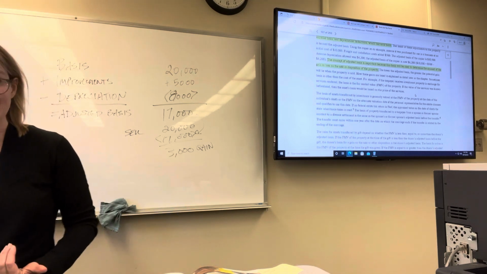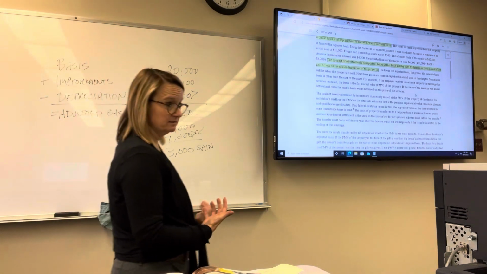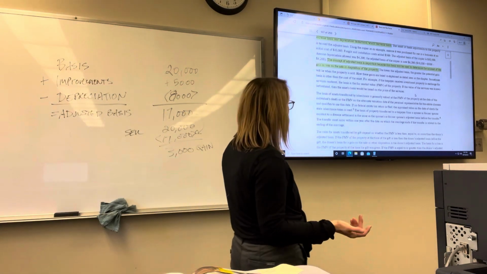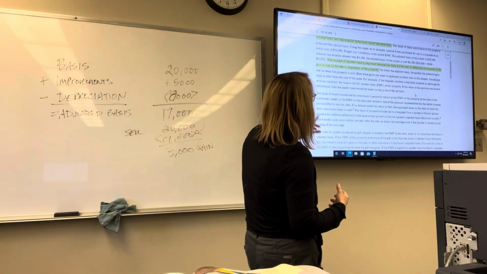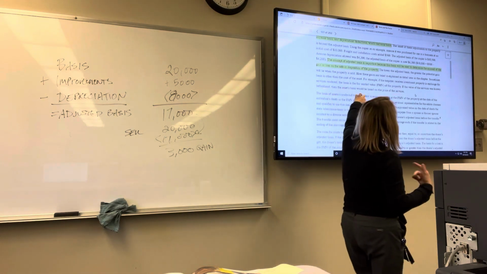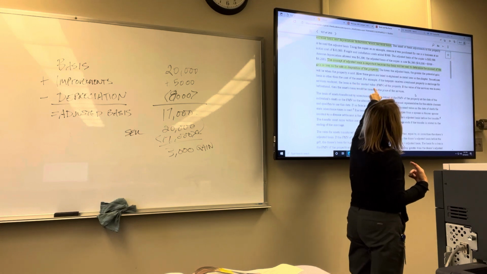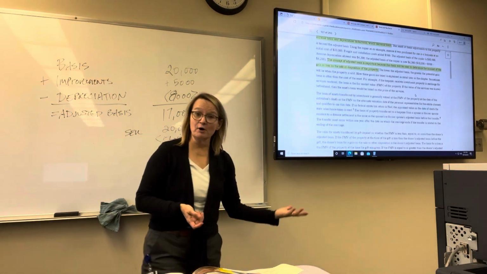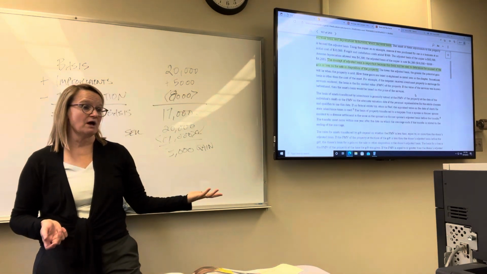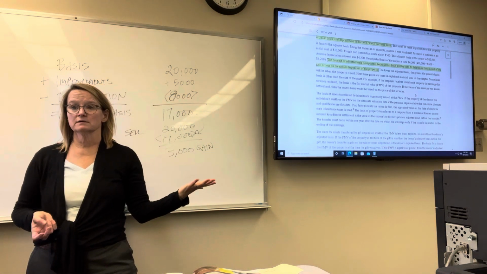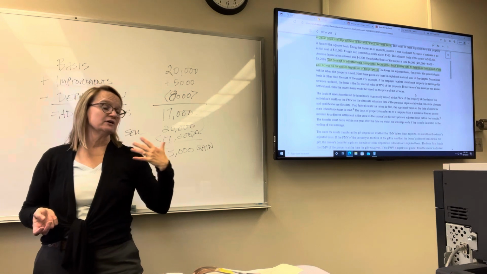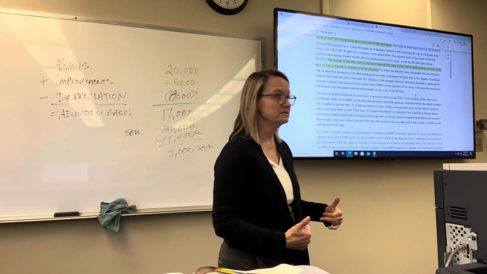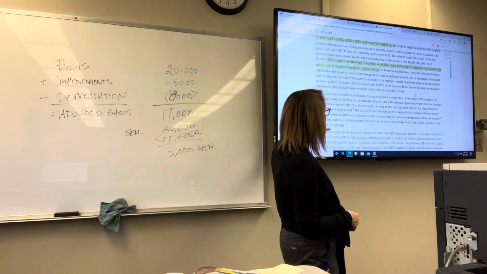So I'm obtaining an asset, but I'm not actually paying cash for it. I'm paying for it with my services. So what happens in that case? The basis of the asset is the fair market value of the property. So the fair market value of that desk is $1,000. That's what they ordinarily sell it for. I'm going to give the equivalent $1,000 worth of services. The basis is going to be the $1,000.